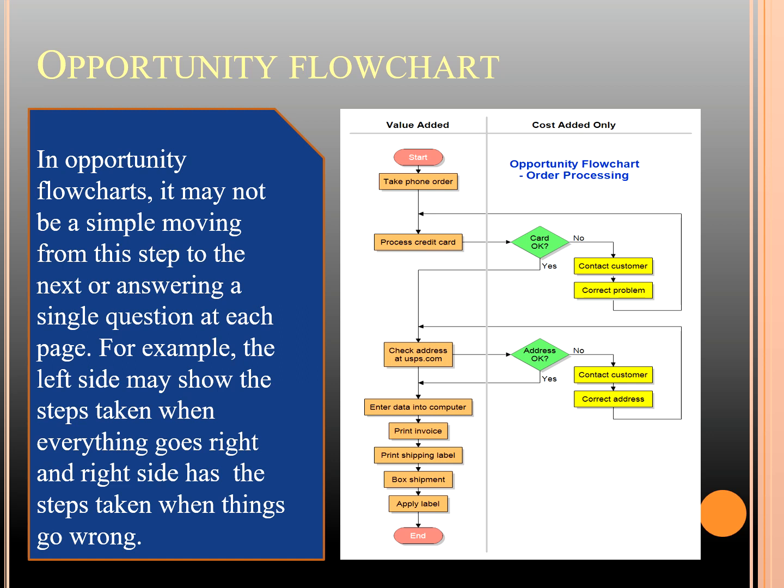For example, here at the left side, I showed visual representation for opportunity flowchart, and as you can see, this may show the steps taken when everything goes right, and the right side has the steps taken when the things go wrong. Opportunity flowchart has the order processing type.